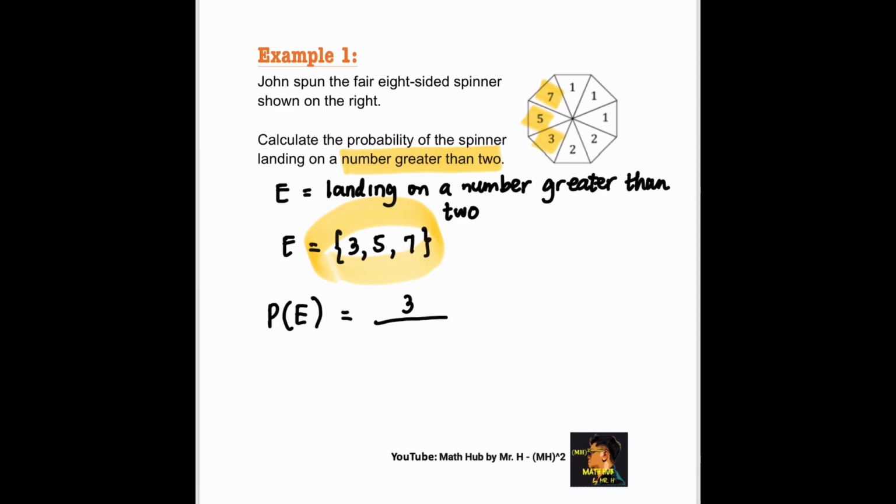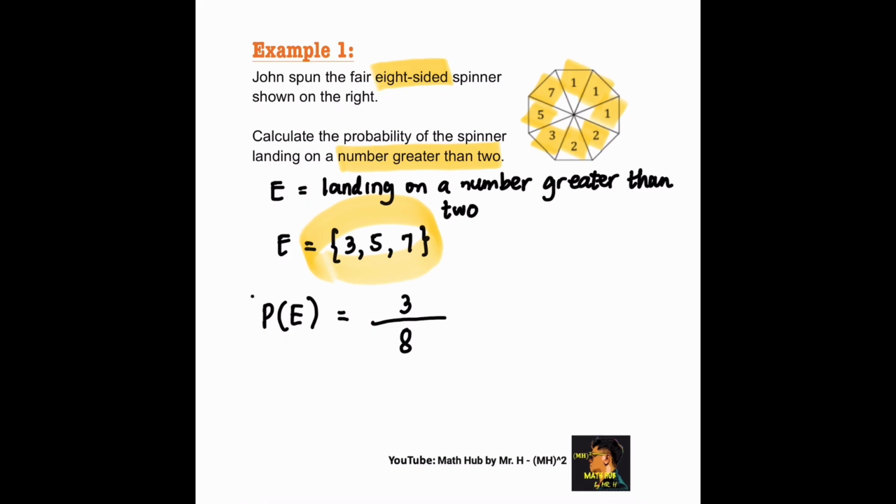It's also mentioned in the problem that it is an 8-sided spinner, so definitely we have the clue. We have 8 possible results. We have 3 1s, we have 2 2s, we have 1 3, 1 5, and 1 7. So the probability of the spinner landing on a number greater than 2 will be 3/8. And that is the answer.